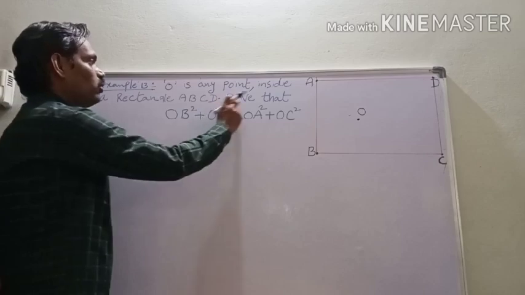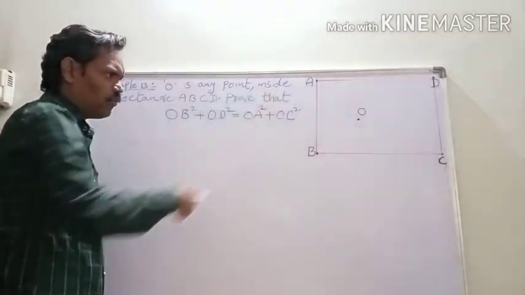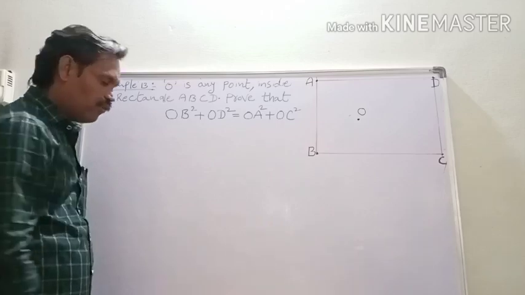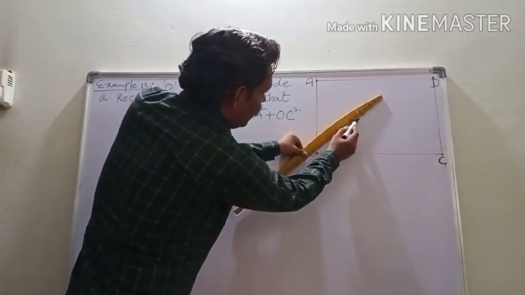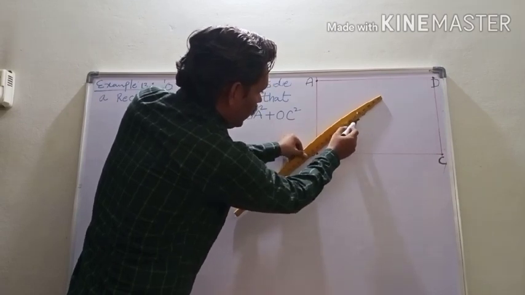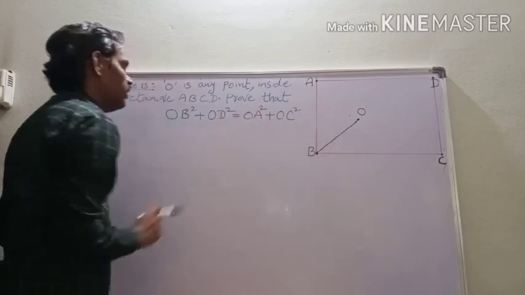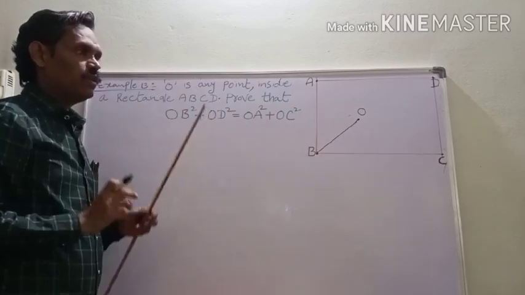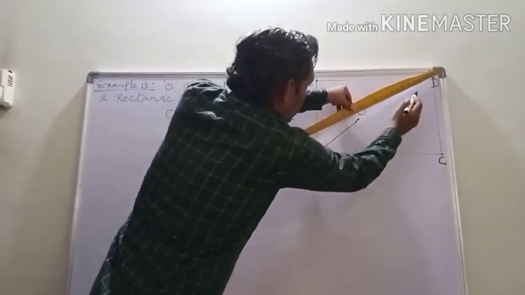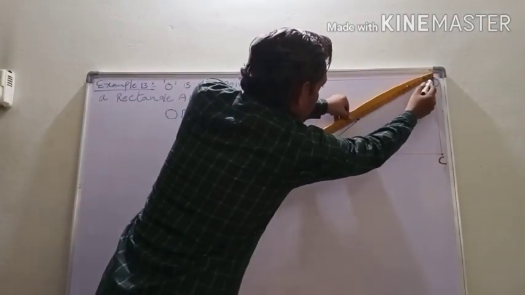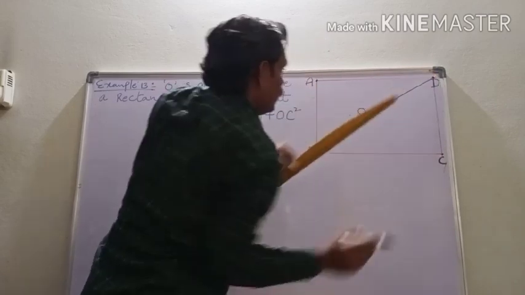Then prove that OB square. Where can you find OB? If you join O and B, you get OB, and you have to square this OB. Then OD. Can you identify OD? If you join O and D like this, this is OD.